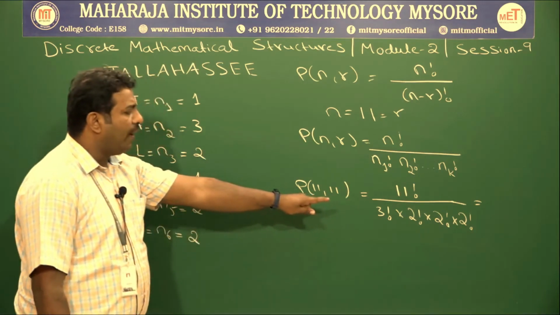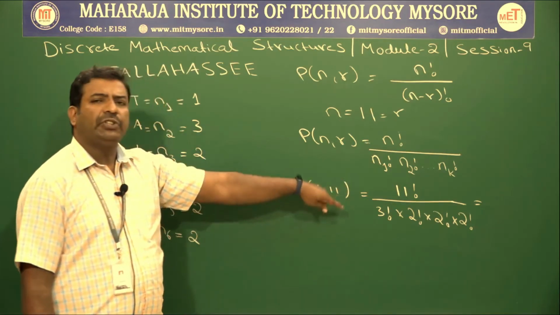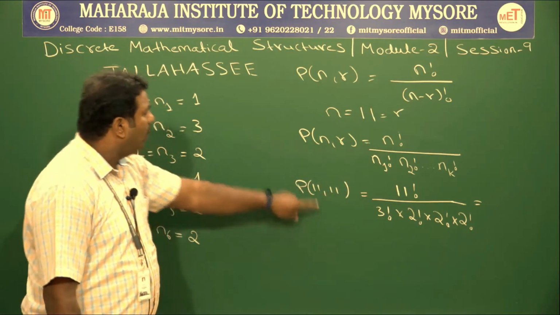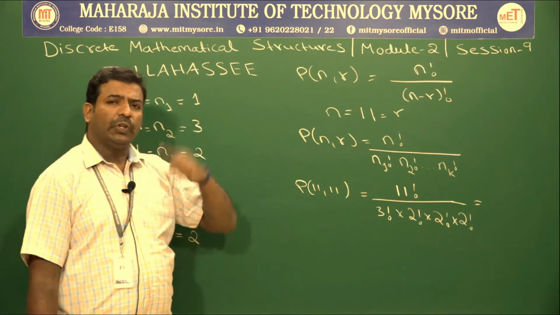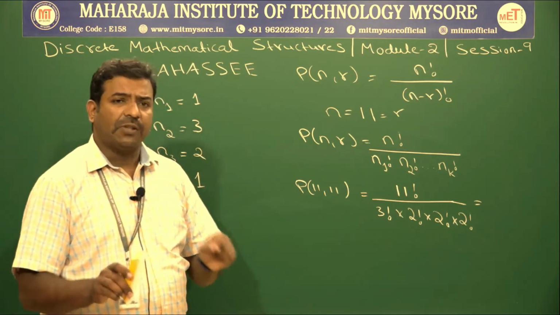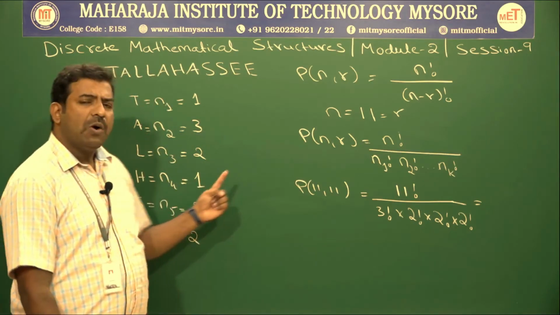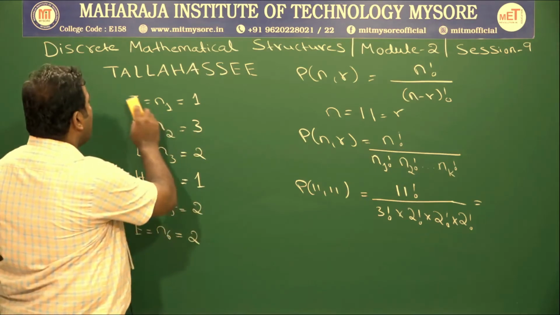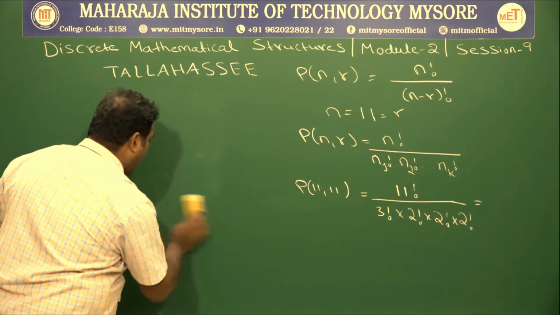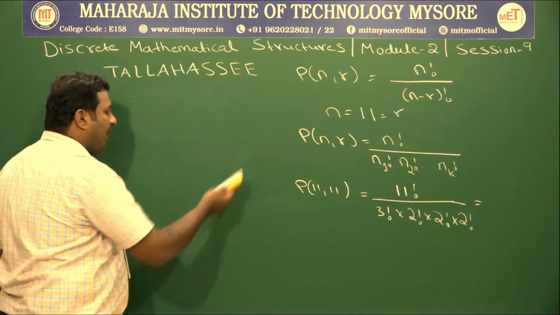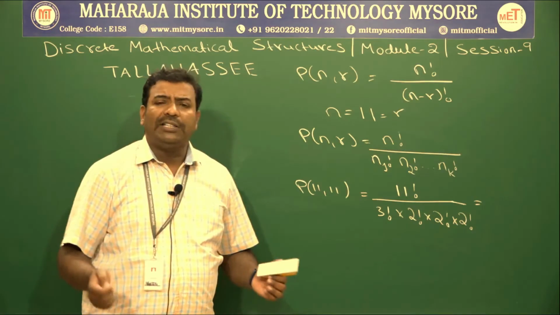Now this is the total number of ways, which includes all the arrangements, and this also includes the adjacent A's. So what exactly I am going to do here is find how many ways there are where I can have no adjacent A's.